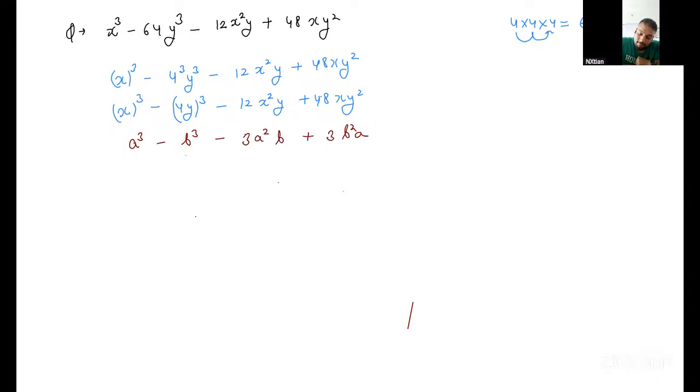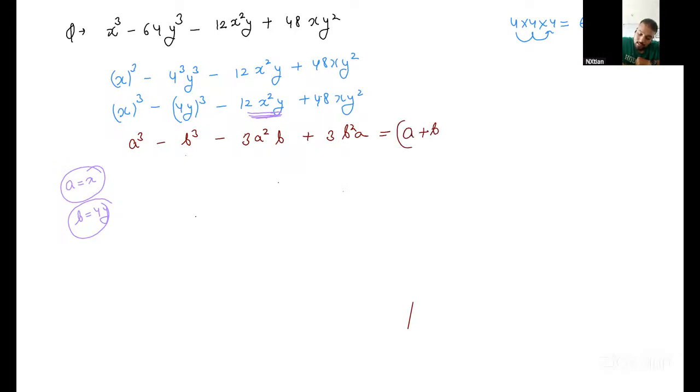Now if you compare that, A is basically X and B is 4Y. And I have to do the middle term splitting of this also so that I can get the answer, because we have to check whether it is true or not.